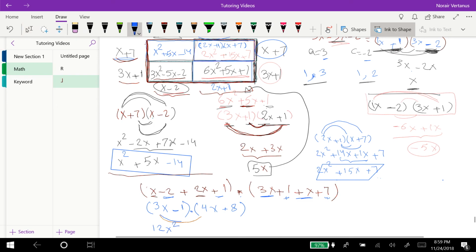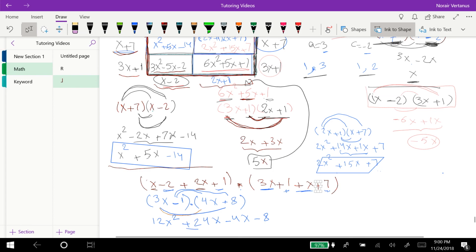Then 3x times positive 8, it's going to be plus 24x. Then negative 1 times 4x, it's going to be negative 4x. And then negative 1 times positive 8 is going to be negative 8. These two can be combined. So eventually, the result I'm going to write over there is going to be 12x squared plus 20x minus 8.